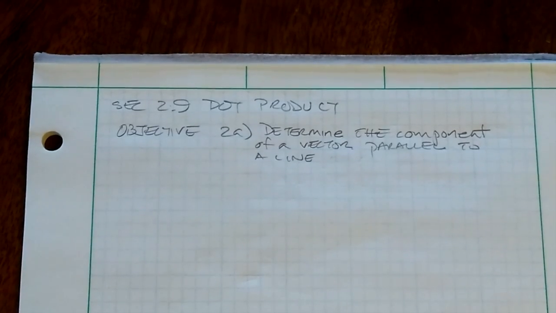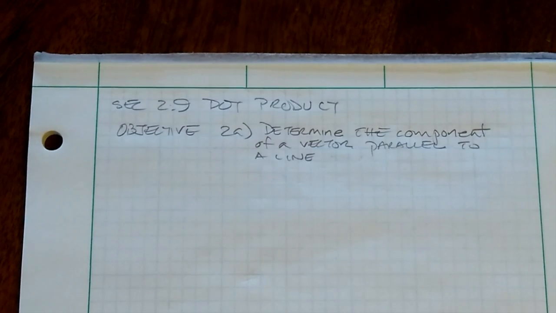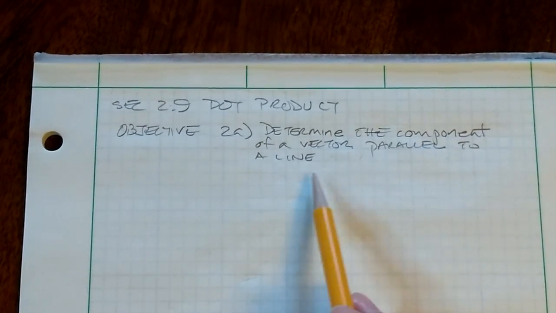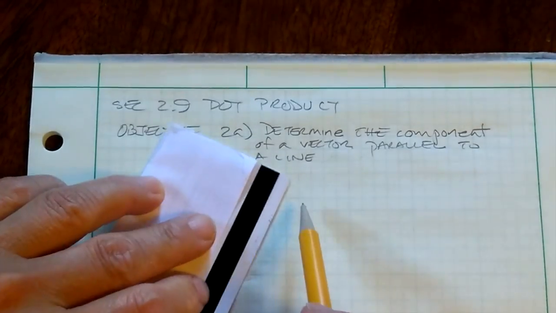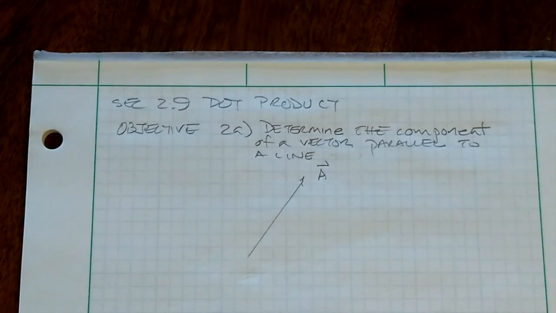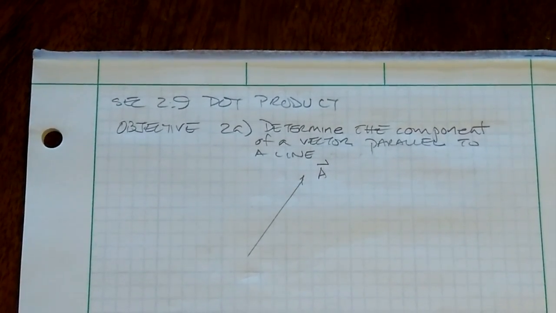Section 2.9, dot product. Our next objective is to be able to determine the component of a vector that is parallel to a line. So consider a vector, we'll call it vector A, and it could be a 2D vector or a 3D vector.